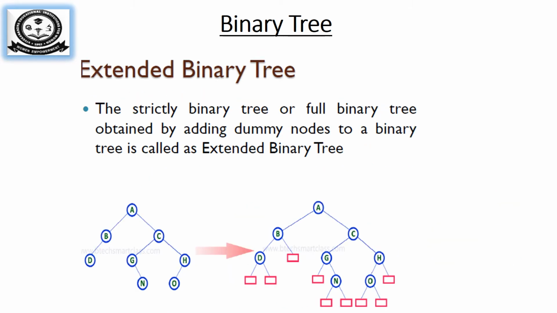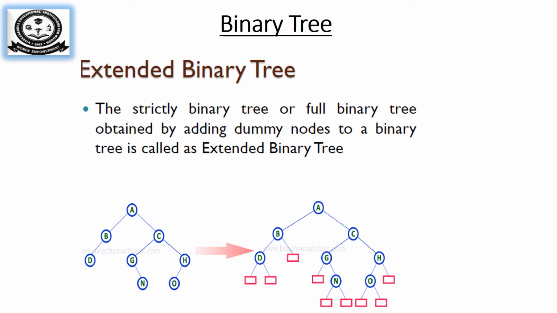The next one is an extended binary tree. What is an extended binary tree? It is a type of binary tree in which all the null subtrees of the original tree are replaced with special nodes called external nodes, whereas other nodes are called internal nodes. So the property of the extended binary tree is that the nodes from the original tree are internal nodes and the special nodes are external nodes.